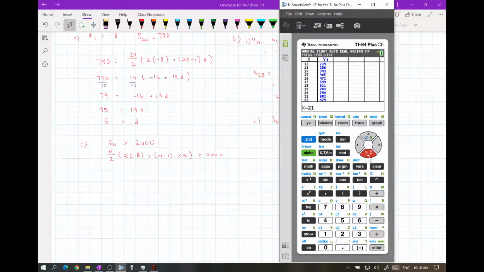Usually the answer will be less than 40 terms, because here it's not to test you how fast you can scroll down the calculator. So the changing point is from 30 to 31. S30 is just below 2000, and 31 terms will just go above that. So your conclusion will be 31 terms.